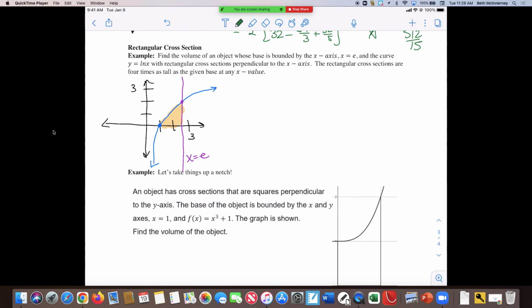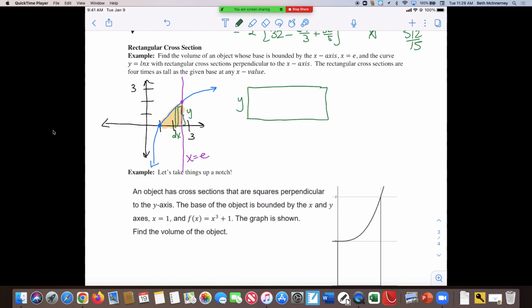And I want to take rectangular cross-sections that are perpendicular to the x-axis. So the width is going to be dx, because I'm going to let dx get infinitely smaller, smaller, smaller. And so this piece right here is the base of my rectangle, and that distance is y.